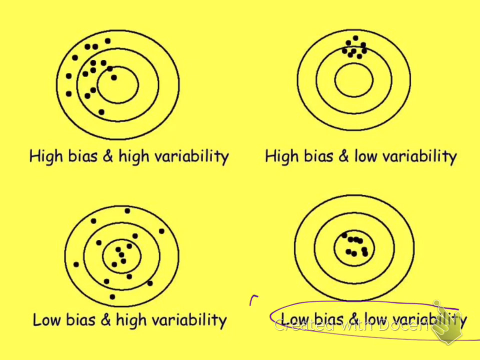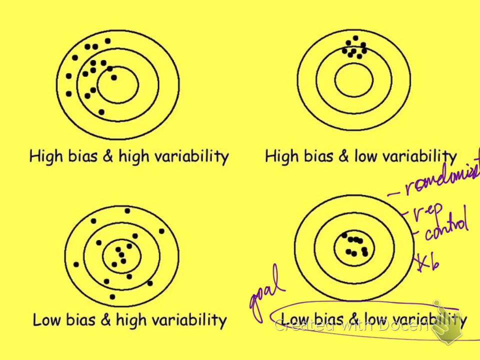That's the end goal, and you get that by randomization and blocking. So all of the principles of an experiment: randomization, replication, control, and sometimes blocking.